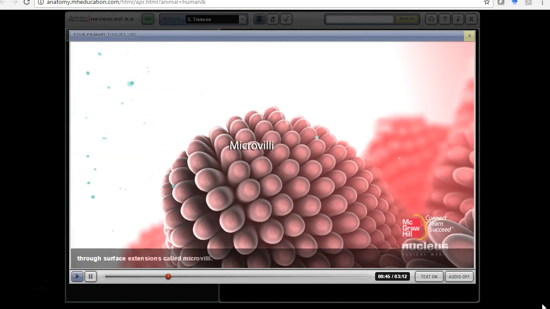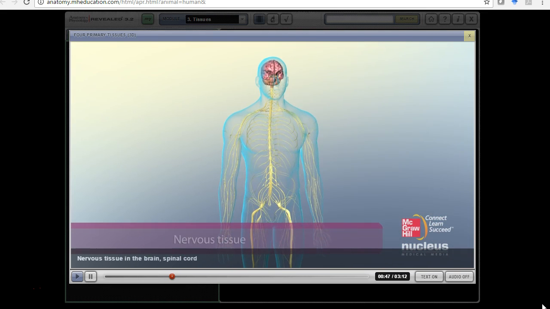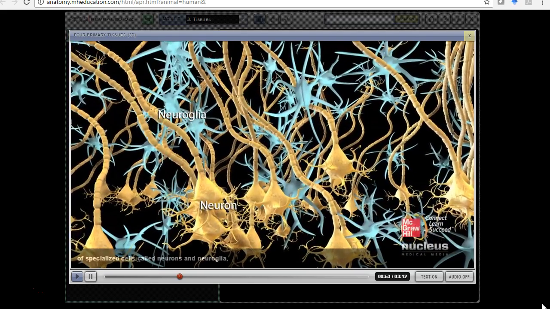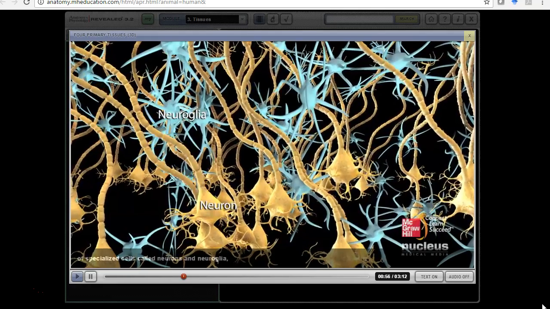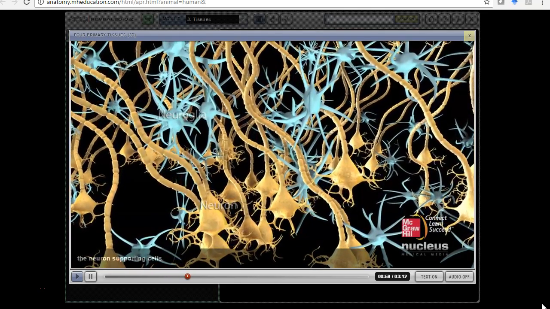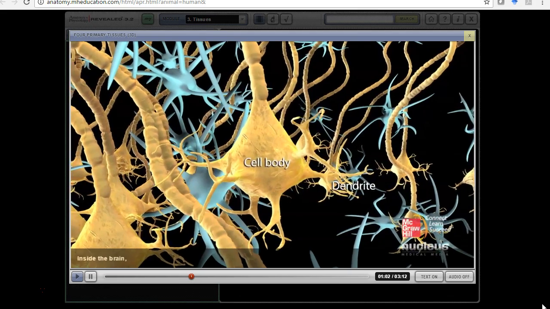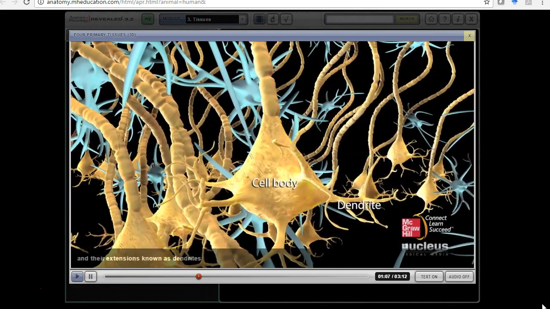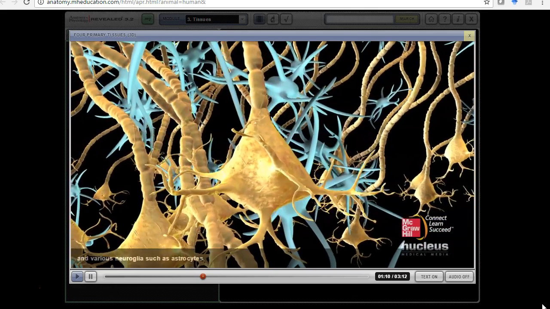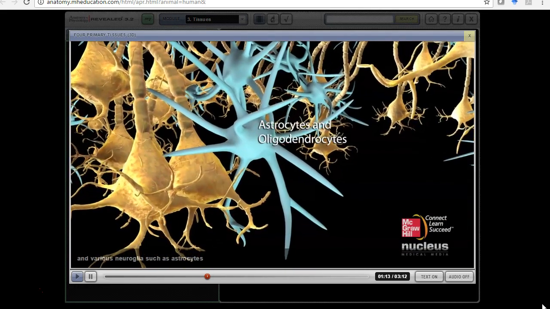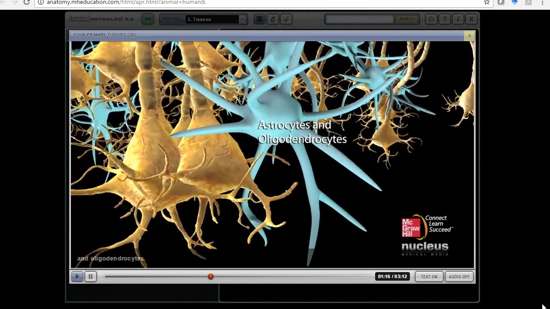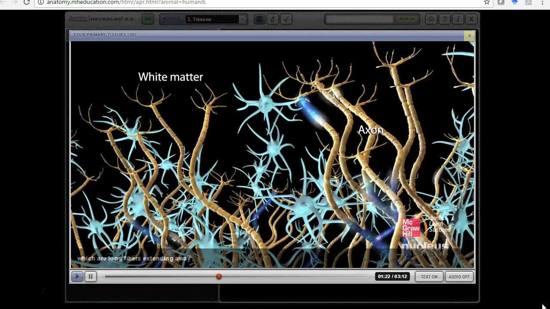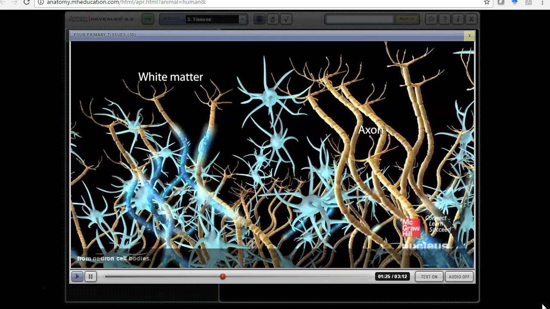extensions, called microvilli. Nervous tissue in the brain, spinal cord, and nerves consists of specialized cells, called neurons and neuroglia, the neuron supporting cells. Inside the brain, gray matter contains neuron cell bodies and their extensions, known as dendrites, and various neuroglia, such as astrocytes and oligodendrocytes. White matter contains axons, which are long fibers extending away from neuron cell bodies.